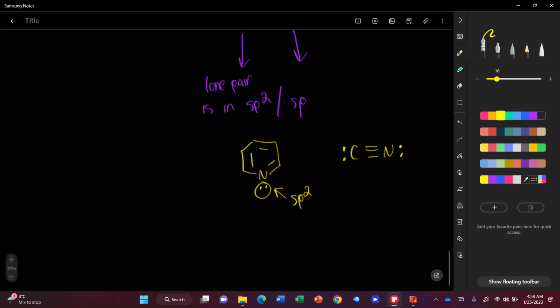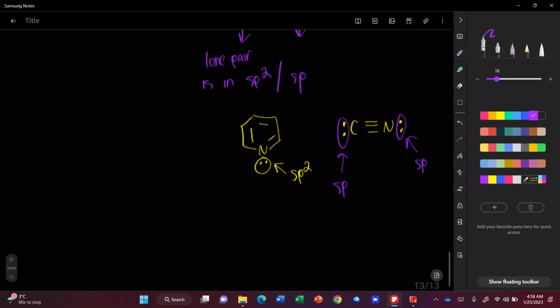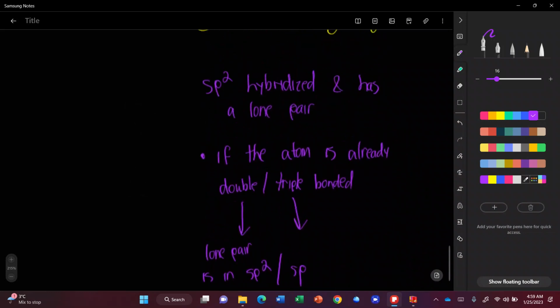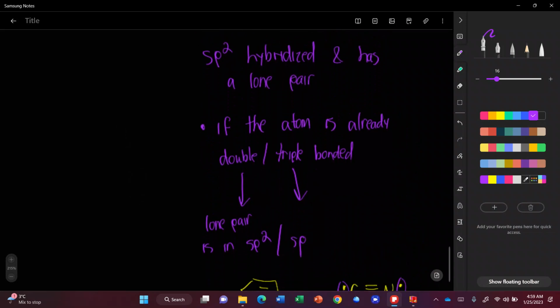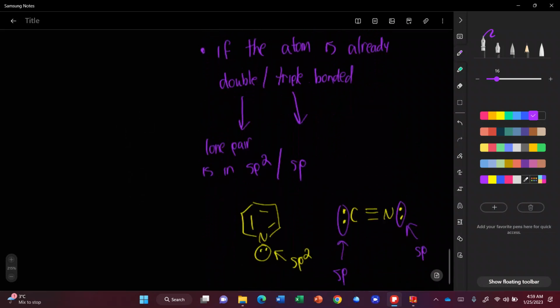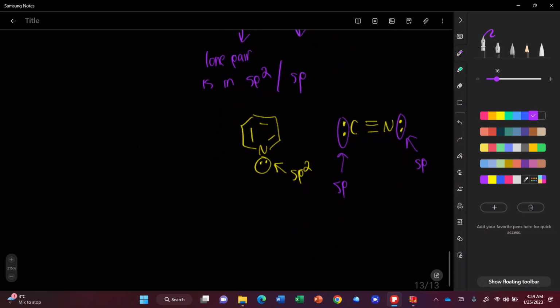And so they had to have used those two p orbitals to make those pi bonds, meaning both of the lone pairs must be in one of the sp orbitals, not one of the leftover p orbitals. Okay? So going back up to this rule, if the atom is already double or triple bonded, then that means it's in the hybrid orbital.